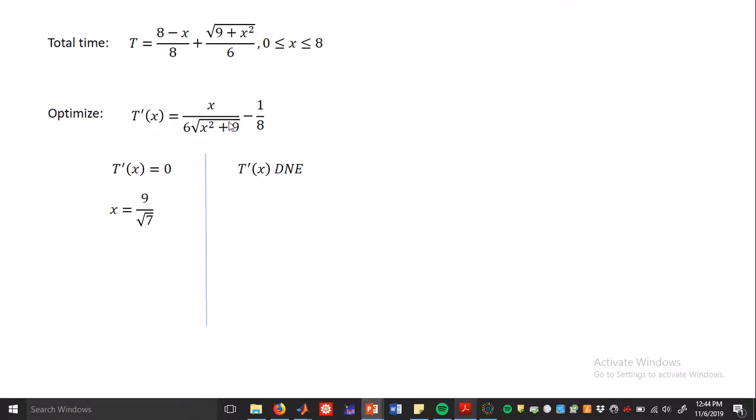And you can check the domain, right? This denominator never equals 0. It's always positive plus a positive in the square root, so there's no square root issues. There's no domain restrictions in this case, so there's no other critical numbers, just the one at 9 over root 7. Okay, so I'm going to check using my closed interval method.